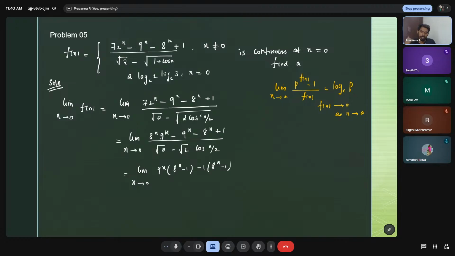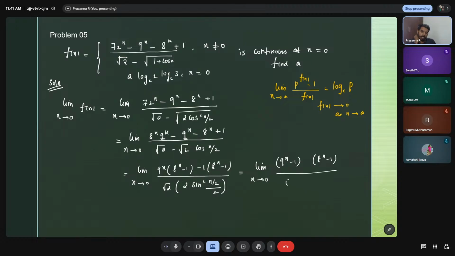I'm just taking 9 power x from these two. I'm factorizing. Root 2, if I take outside, 1 minus cos x is 2 sine square x by 2, right? So this will be the limit as x tends to 0 of 9 power x minus 1, 8 power x minus 1, divided by 2 root 2 sine square x by 4.